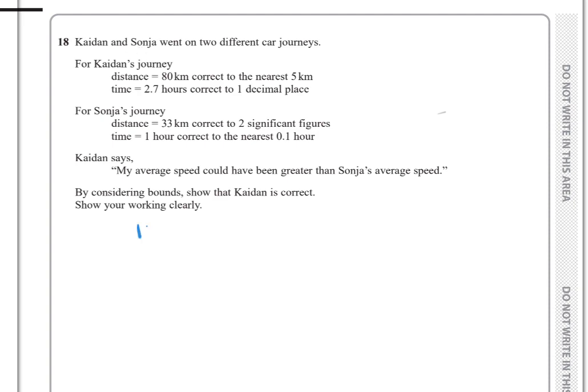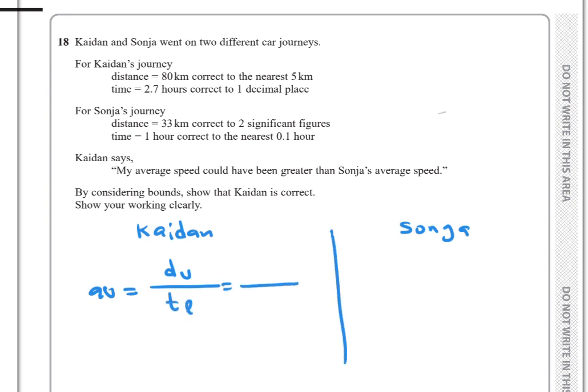Now we have Kaden and Sonja. For the average speed for Kaden, we need the upper, so distance upper and time lower. Distance upper: the distance is to the nearest 5, so 5 divided by 2 equals 2.5. So to find the upper, 80 plus 2.5, so 82.5 kilometers.